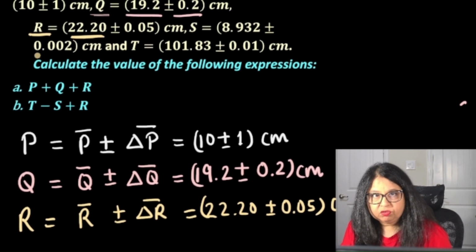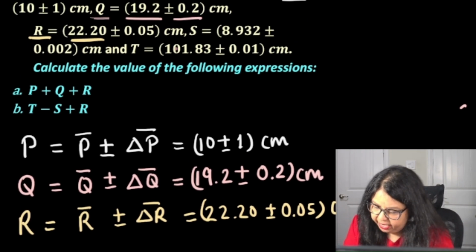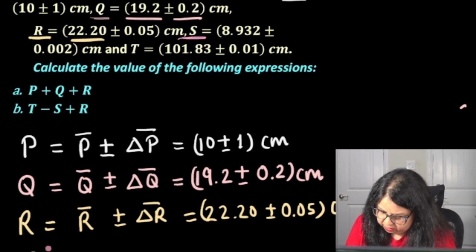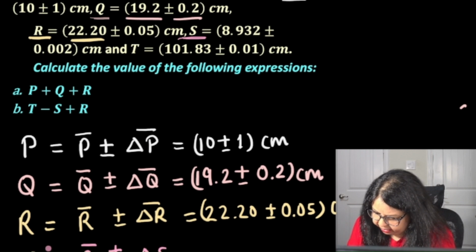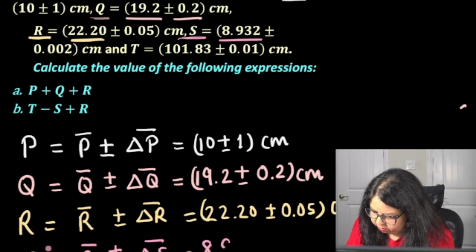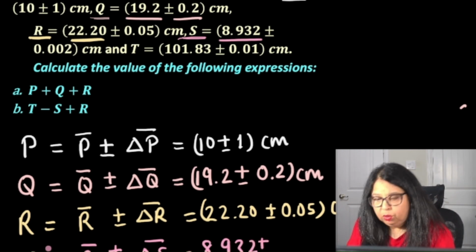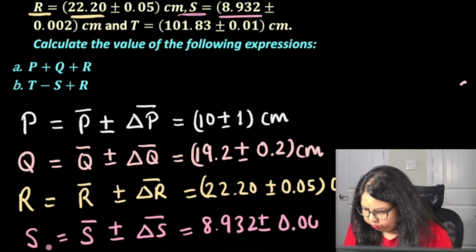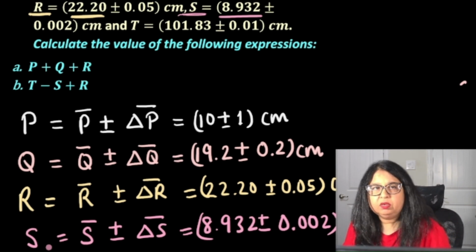What do we have next? We have S. Let's write S as S bar plus minus delta S bar, and that is 8.932 plus minus 0.002 centimeters.